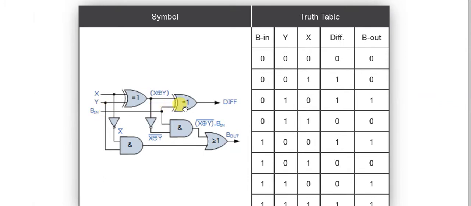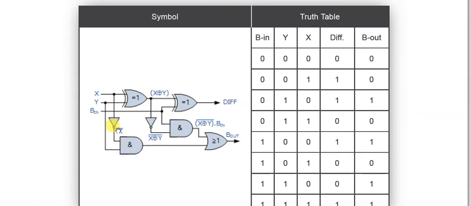The X first has to be complemented and fed here. Then the product of these two will be X exclusive OR complement, because the NOT gate is complementing the B in. So these two go into an OR gate, they are added together, the output coming from here is X bar Y, so that will be the B out.